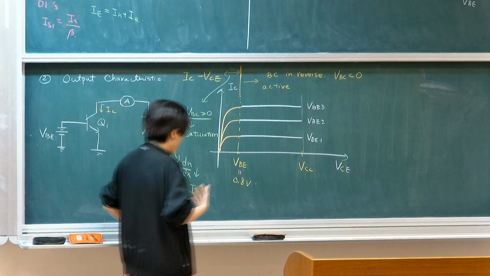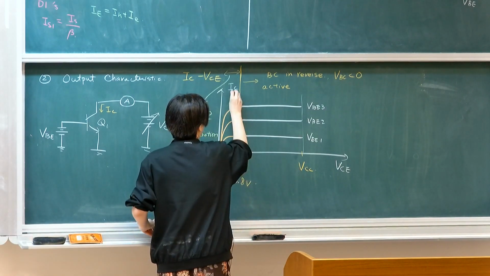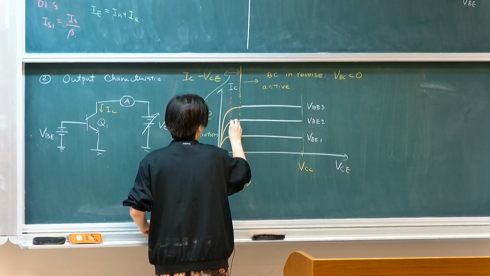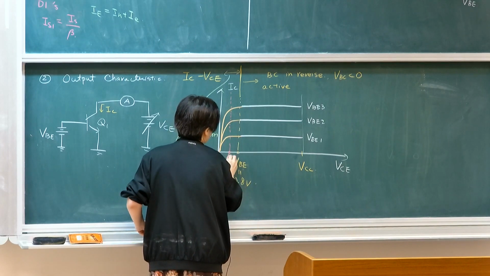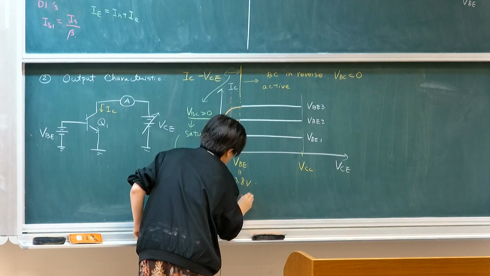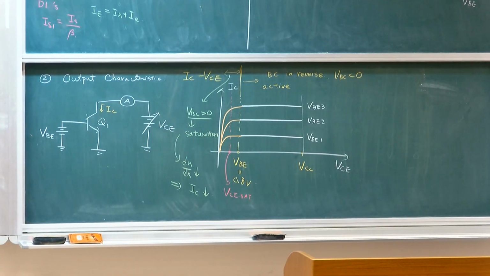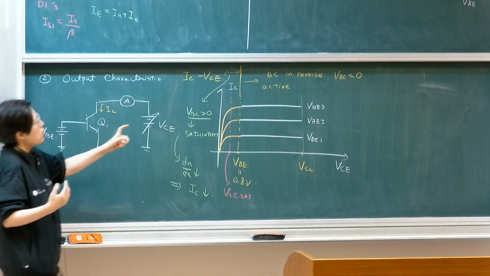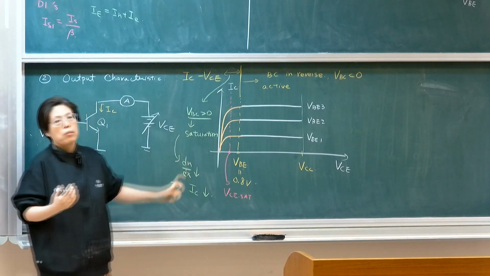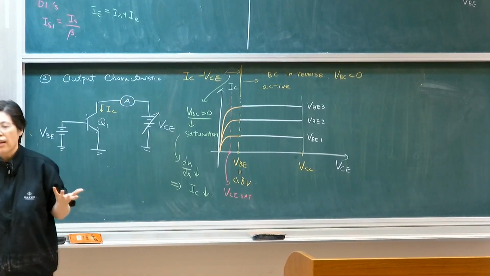So typically what happens is that we then define another one, called the VCE sat. We're going to talk about that in a little bit. There's a physical definition, which is simply when VBC becomes forward. But even though it's forward, I don't actually see the effect, therefore I don't care.